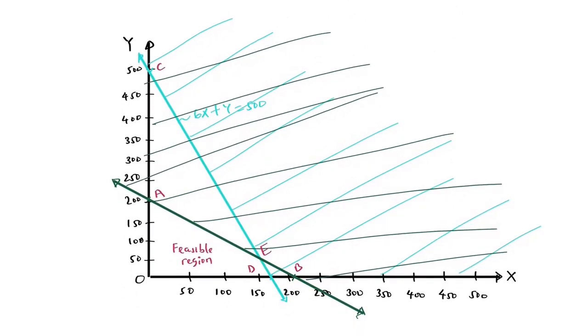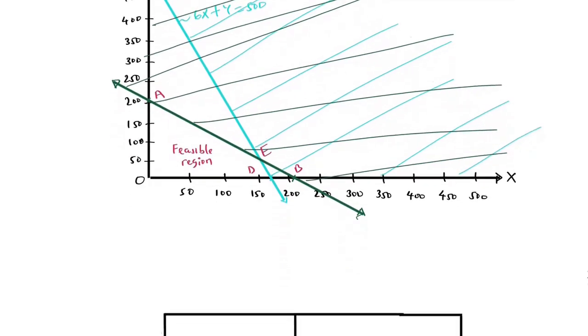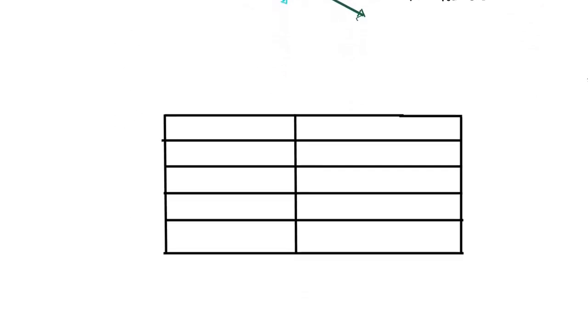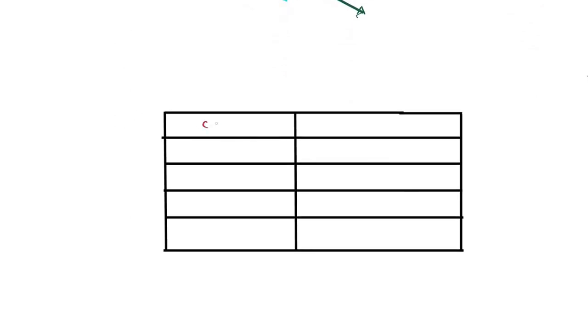Okay, so now we are going to summarize the corner points from the feasible region, and we are going to substitute in our objective function. So we are going to prepare a table. Here we are going to have corner points, and here we are going to have our objective function, which says f of x, y max equals 12,000 x plus 10,000 y.